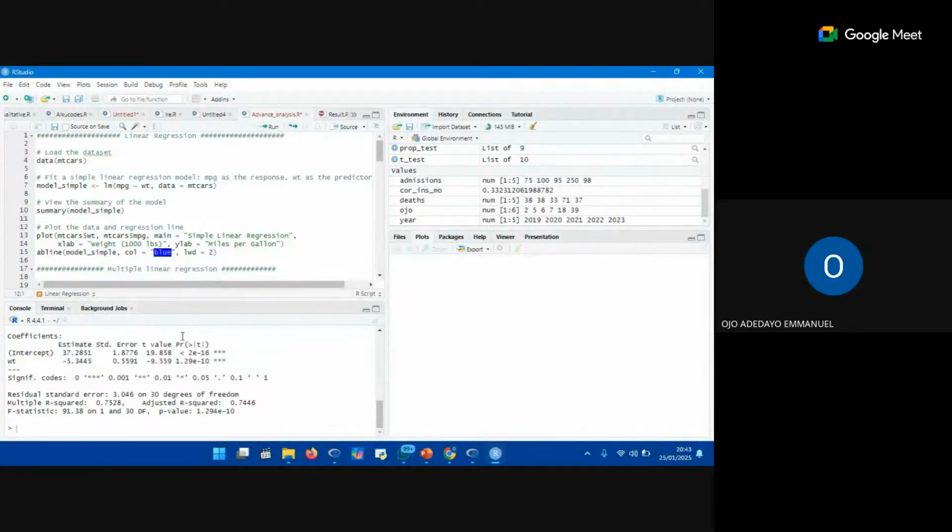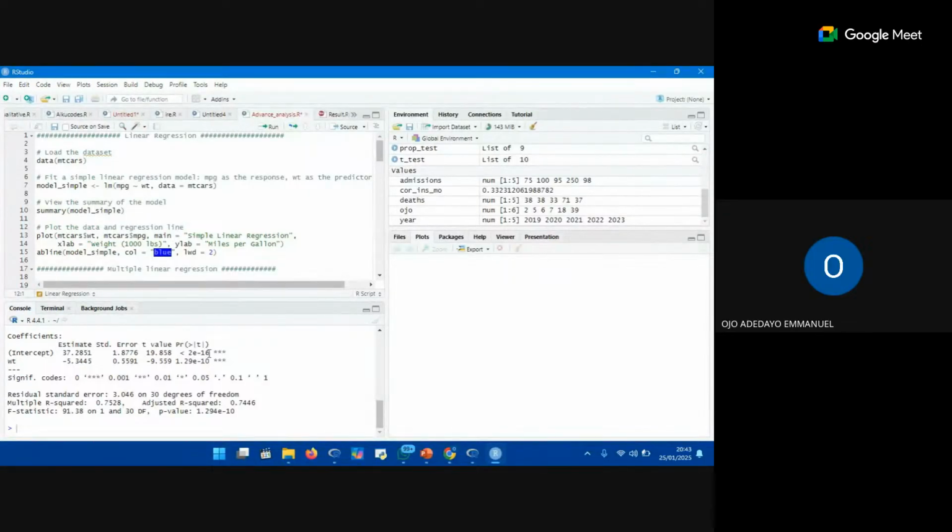If you are not using minus to interpret it, you are going to use the word decrease. If you are using minus to interpret it, you are not going to use decrease. So that means that a unit increase in weight of that car will lead to 5.344 decrease in the mpg, provided that all other variables remain constant.